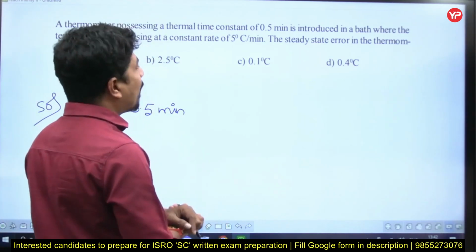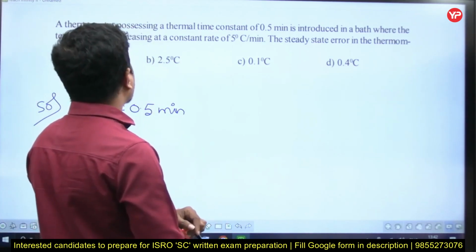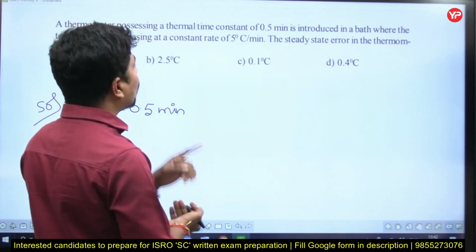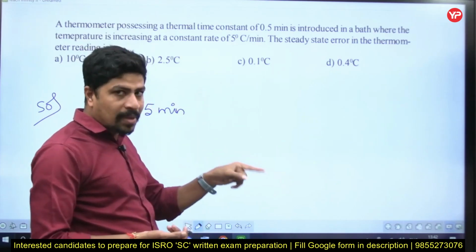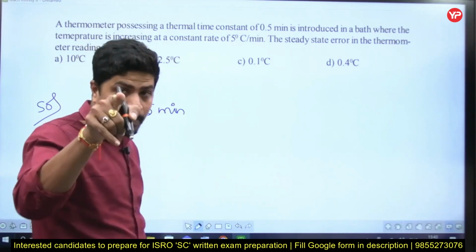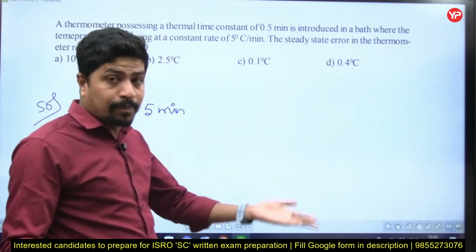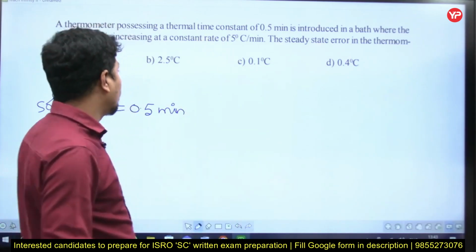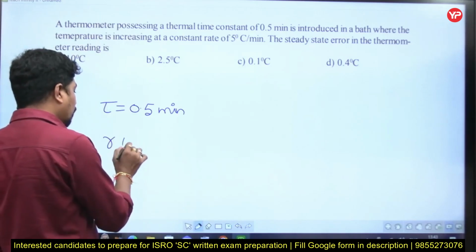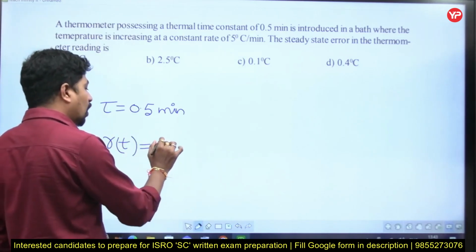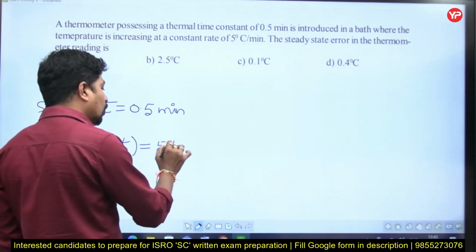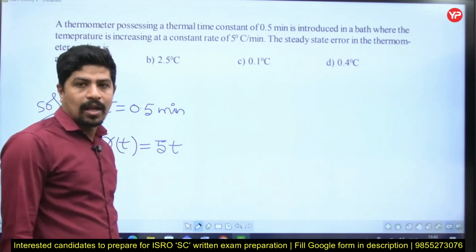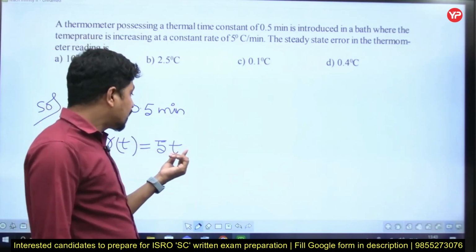It is introduced in a bath where the temperature is increasing at a constant rate of 5 degrees centigrade per minute, meaning the temperature is rising at a rate of 5 degrees centigrade per minute. Then I can say that the input R of t is equal to 5 into t, where t is in minutes.